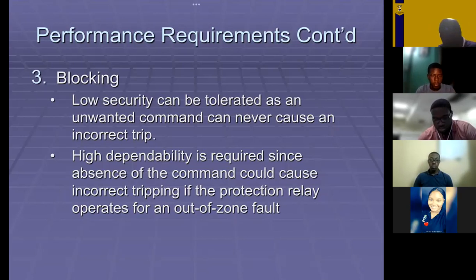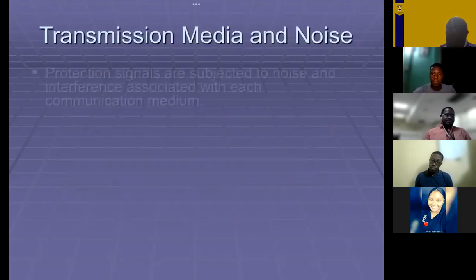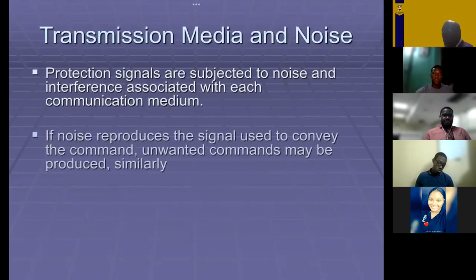So to try and summarize, we have given you the impact of security and dependability, depending on the system we're using. But more generally, we're saying your transmission media signals are subject to noise and interference associated with each communication medium.